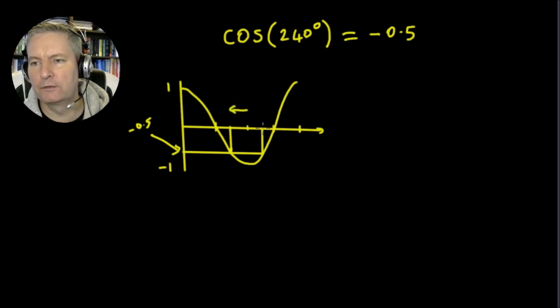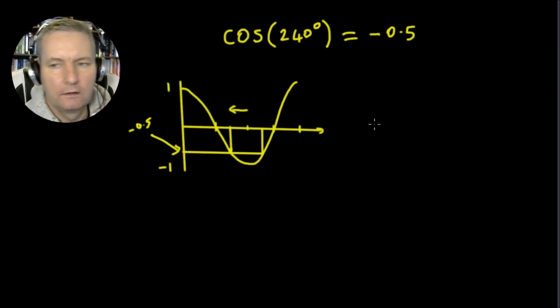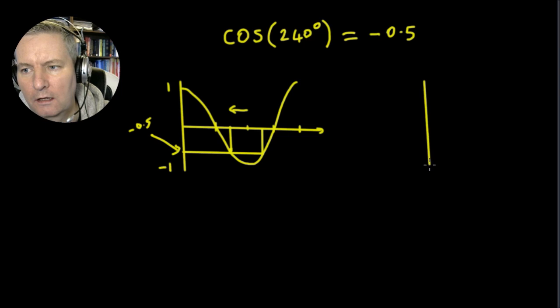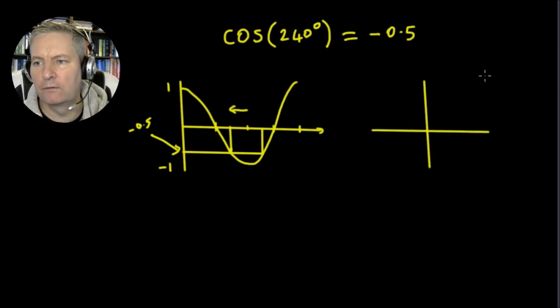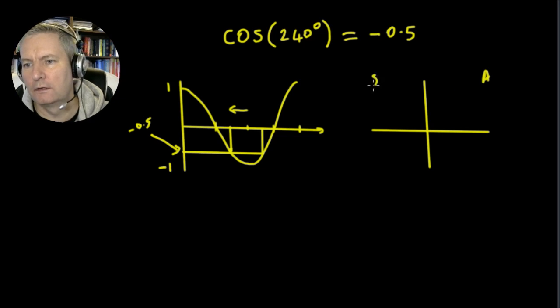So let's have a look and see how we're going to find this little distance here. What I would do is draw it out roughly, and again we've got our All Sinners Take Care diagram, and we're interested in the cosine being negative. So the cosine is negative in this quadrant here, and it's negative in this quadrant.